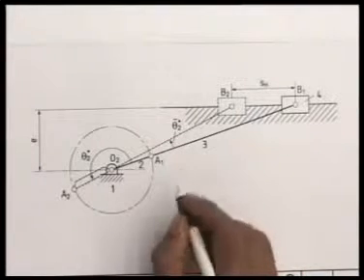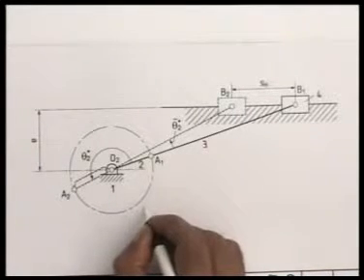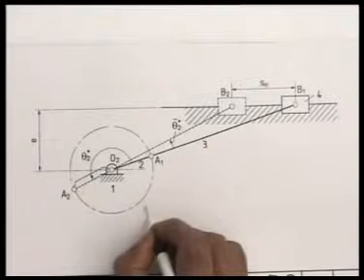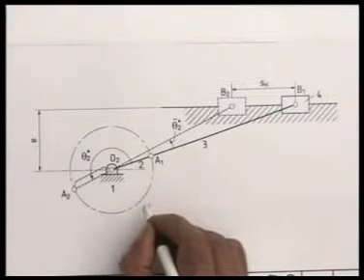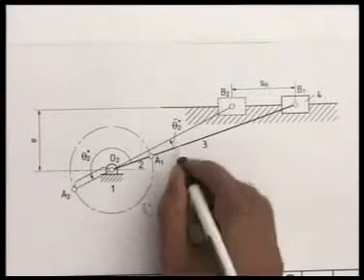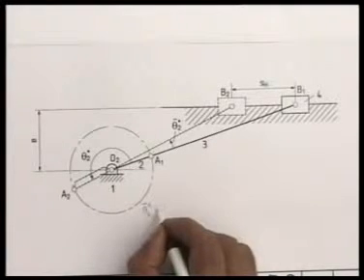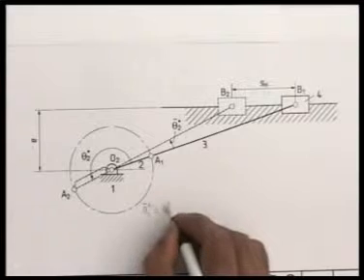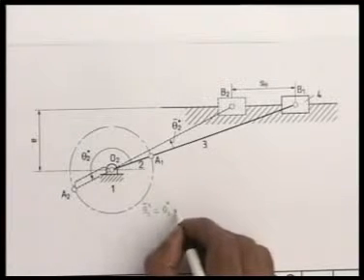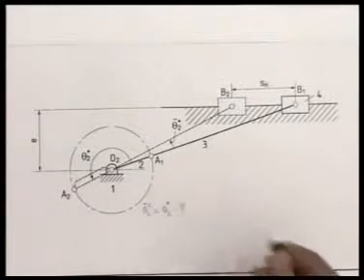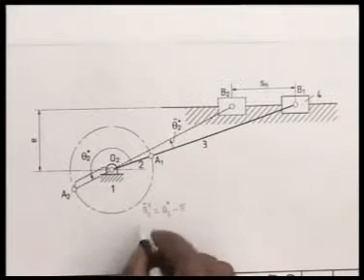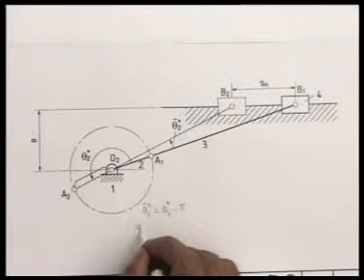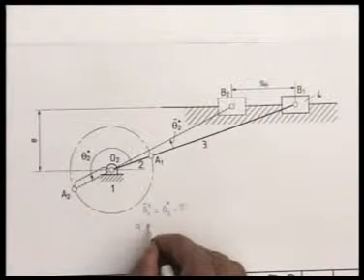So, theta 2 star bar, this angle, is theta 2 star minus pi. So, we can derive also the quick return ratio for this slider crank mechanism.